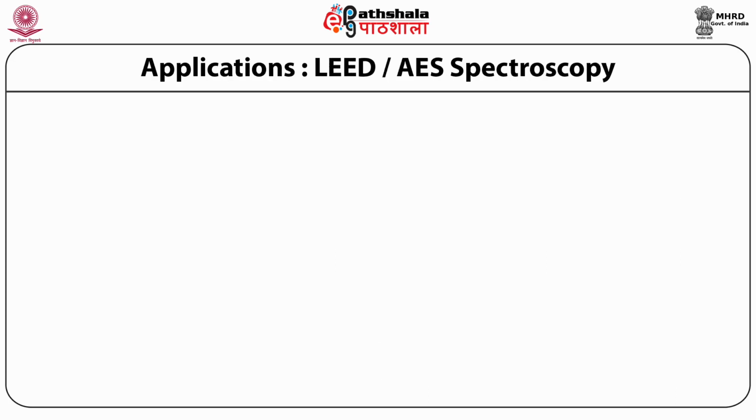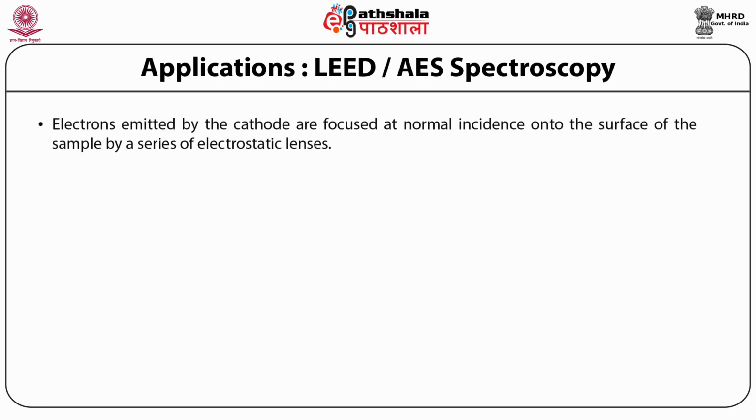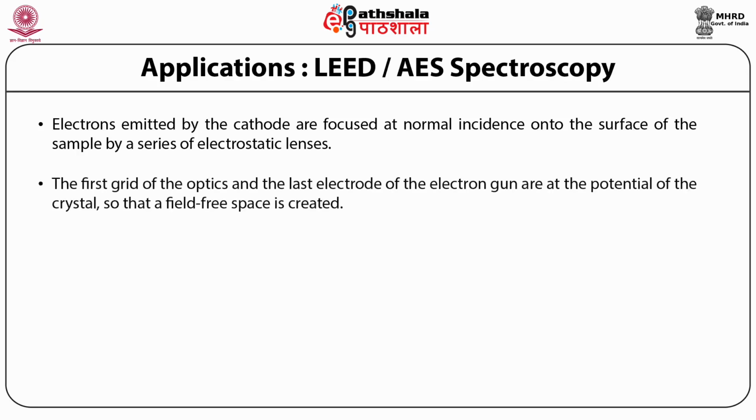Here, in the application of LEED and AES spectroscopy, electrons emitted by the cathode are focused at normal incidence onto the surface of the sample by a series of electrostatic lenses. The first grid of the optics and the last electrode of the electron gun are at the potential of the crystal so that a field-free space is created.